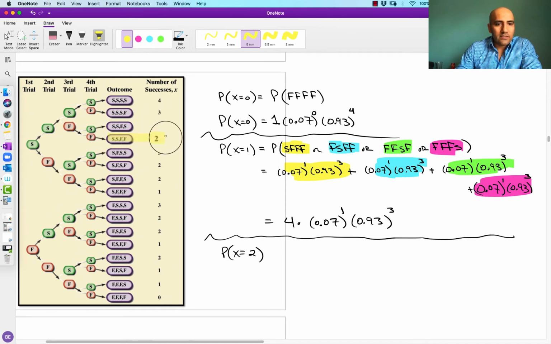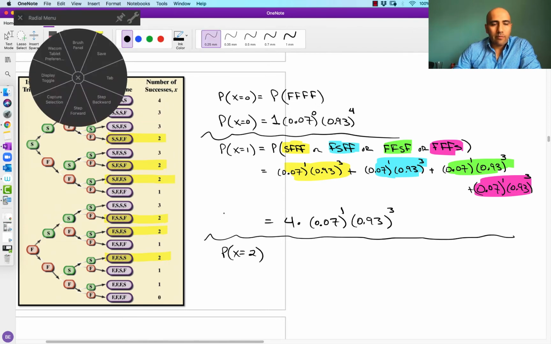So 2, that's this one, SSFF, or this one, SFSF, or this one, that's SFFS, or this one, that's FSSF, or this one, or this one. Okay, so that's it.